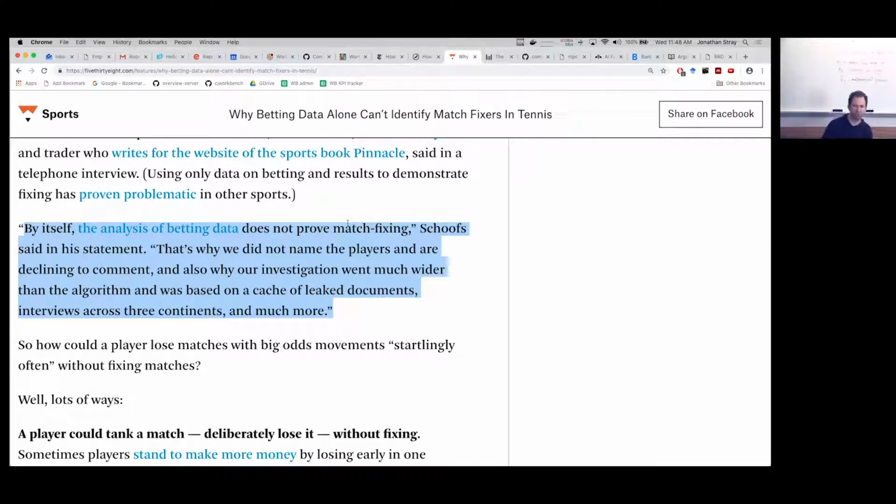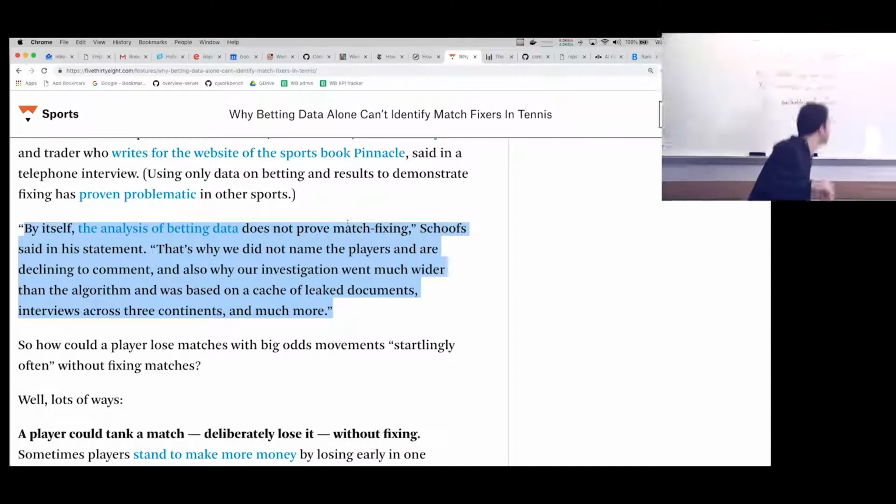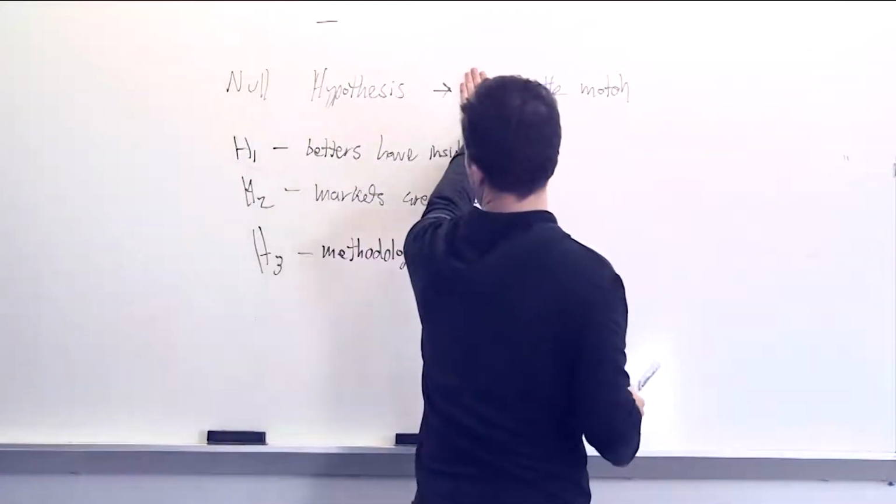So I'm going to show you, okay, thoughts on this? Again, it's exactly the same structure of the argument. We're saying that, so actually I got this wrong. The null hypothesis is not that they threw the match.